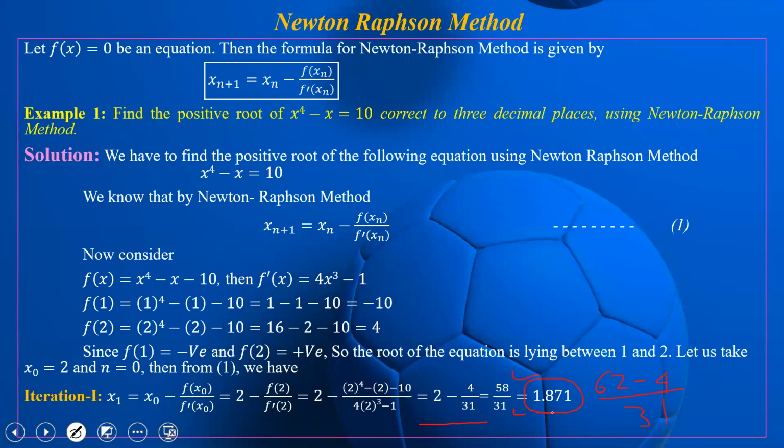Let us take this x1 now. In this equation we put n equal to 1. So what will happen? x2 is equal to x1 minus f of x1 divided by f dash of x1. Now what is x1? x1 is equal to 1.871.